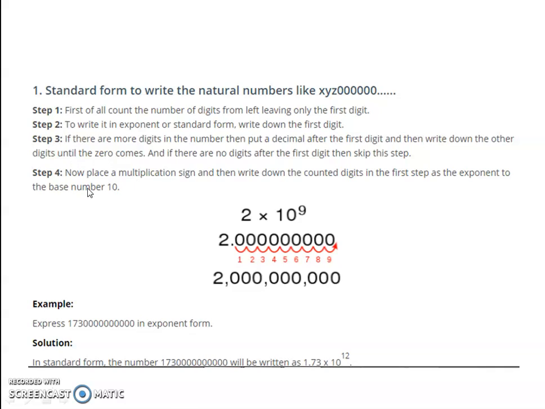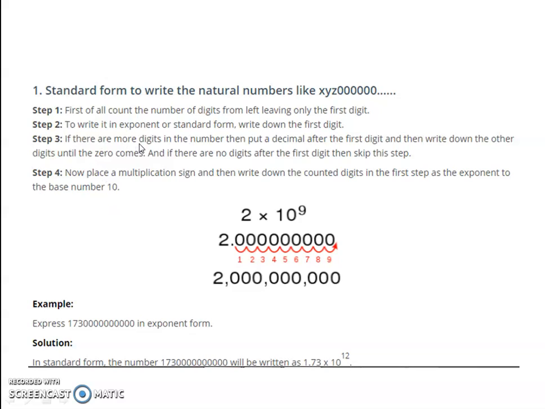For step 3, you can see the example here. Here you have 173 followed by 10 zeros.